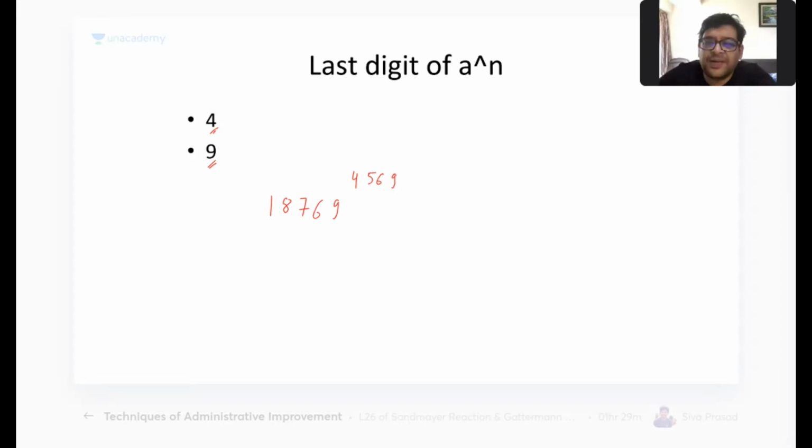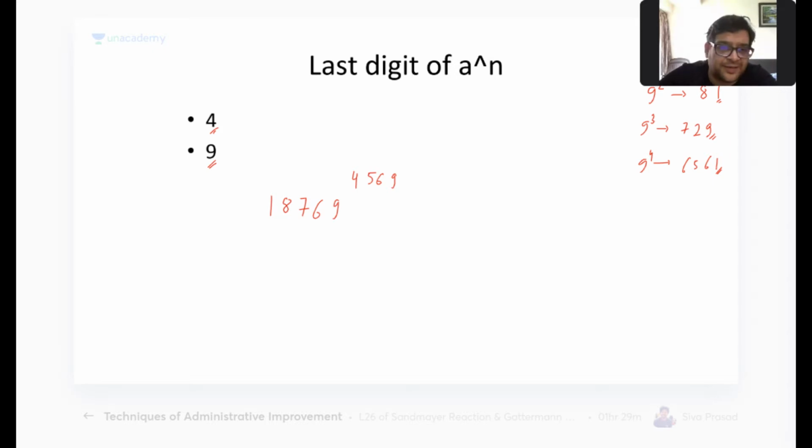So now your fundamental goal is: 9 to the power of 1 ends in 9. 9 squared is 81, so it ends in 1. 9 cubed is 729, so it ends in 9. 9 to the power of 4 is 6561, so it ends in 1. So 9, 1, 9, 1, that is the pattern being followed.